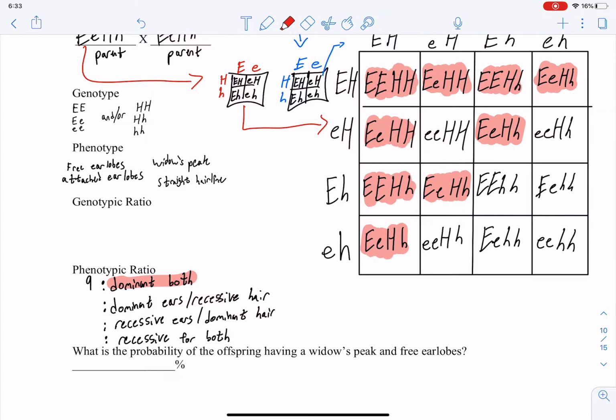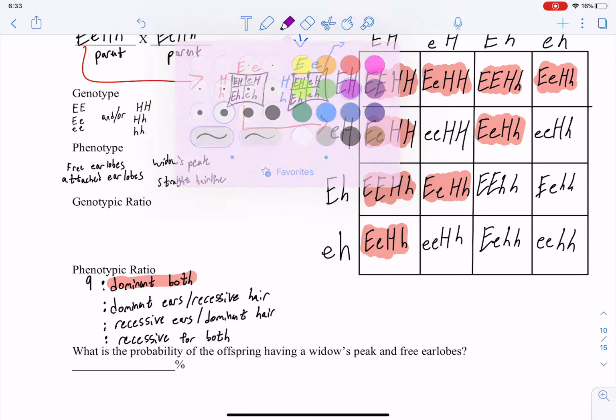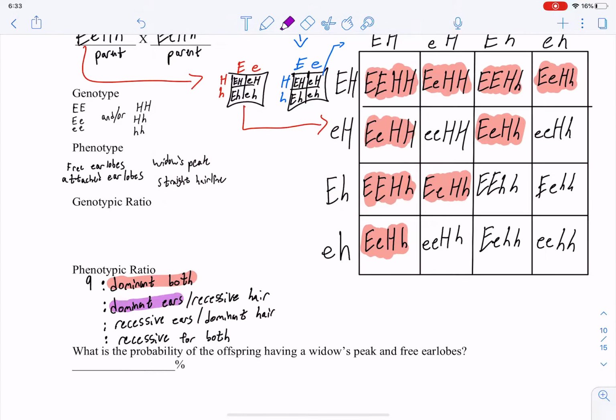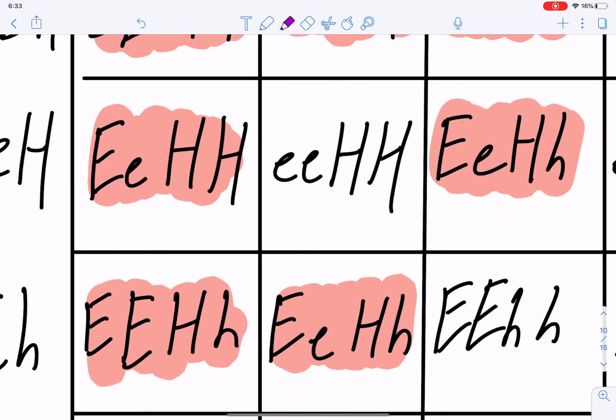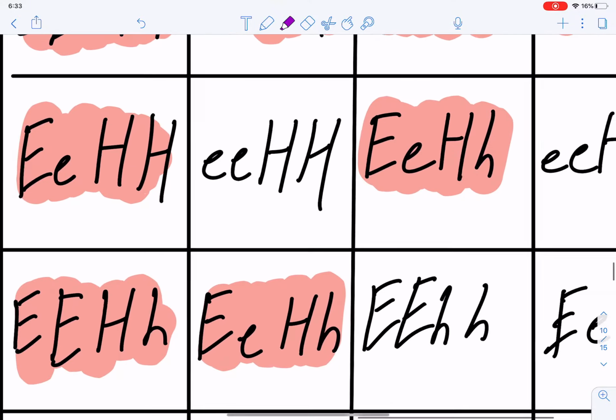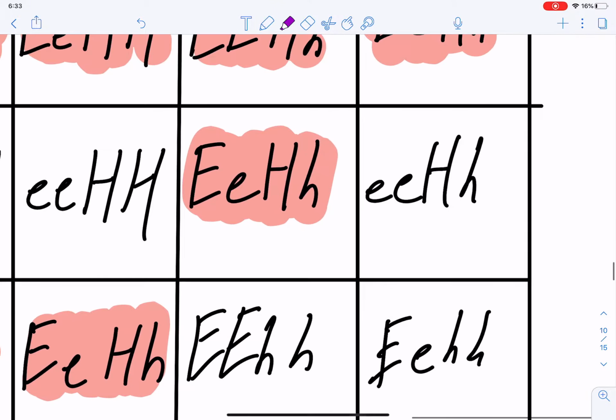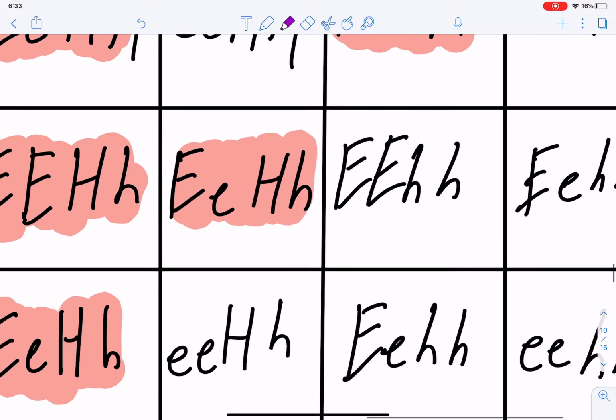Okay. Our next one, let's do purple. We're looking for dominant ears, so something that has a big E in it, as well as recessive for hair, so anything that has little h. This one does not apply because it's recessive for ears. We need it to be dominant. Same is true for this one, recessive for ears.